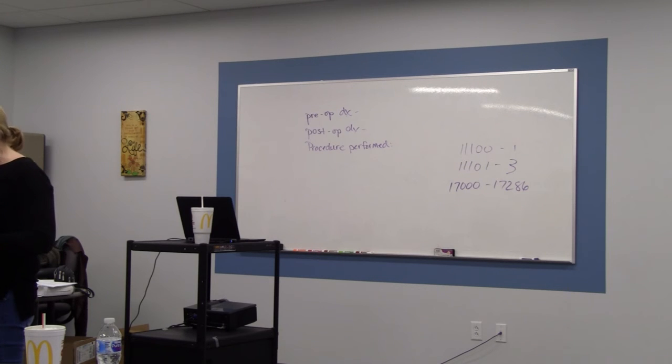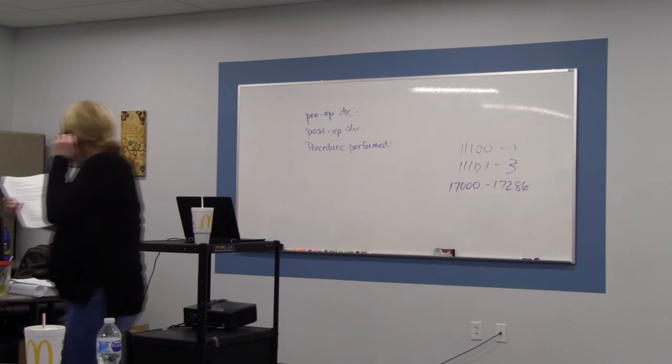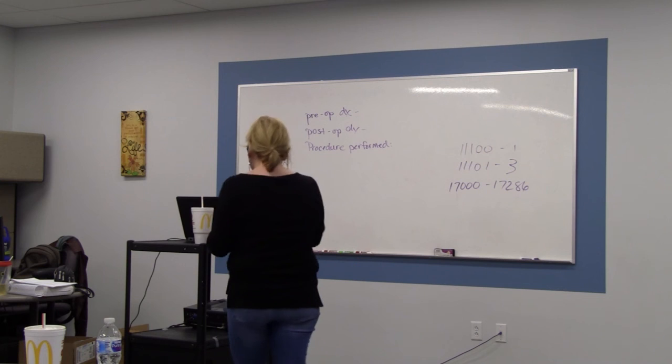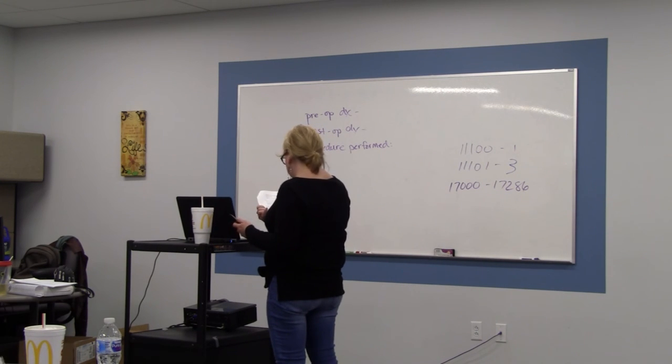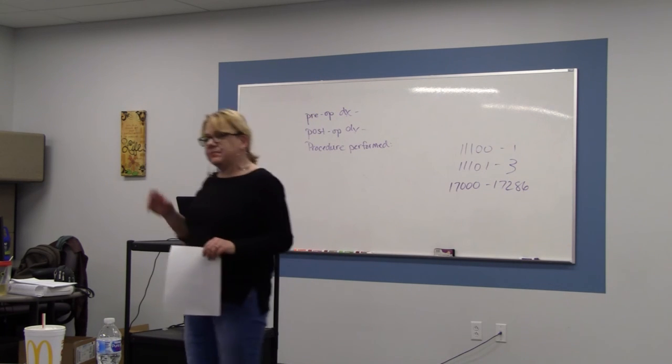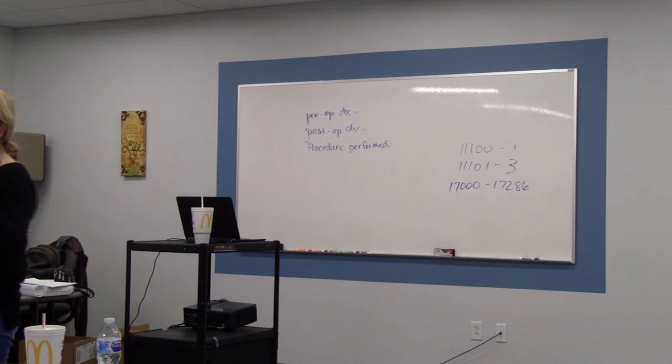This is kind of an important note right here. At the bottom of this page, it says, never assign a code described as a separate procedure when it's performed within the same incision of a primary procedure or as part of a greater procedure. So when you're looking at a little parenthetical note and it says separate procedure, it means you only code that if that's all they did.